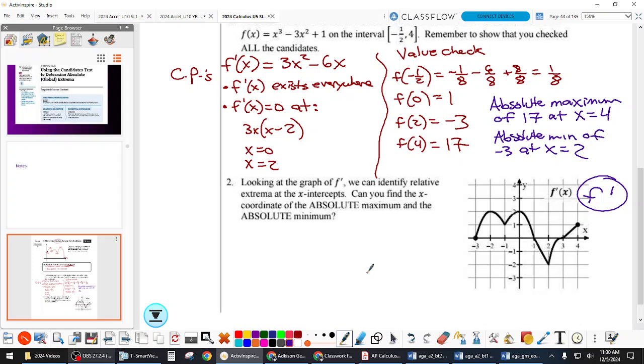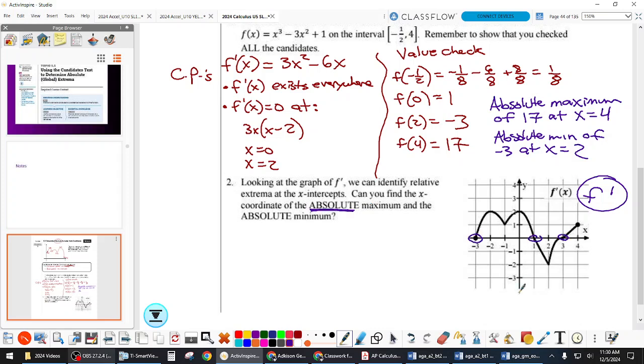Yeah, right? So something's changing from positive to negative or vice versa. All right, so can we find the x-coordinate of the absolutes from this graph? Okay, so where are we thinking we'll check, first of all? 3. Okay. So maybe we'll just talk through those points.